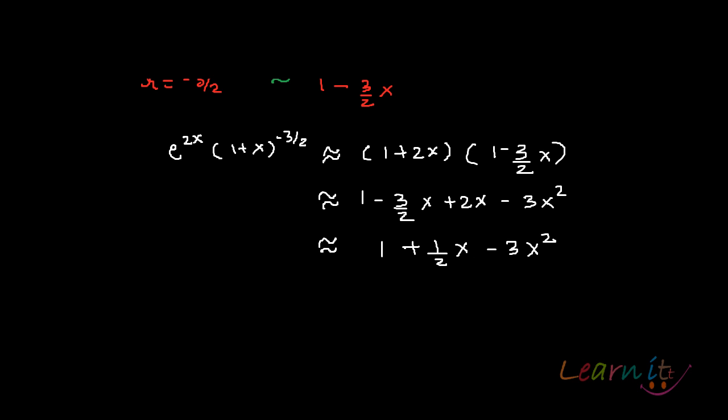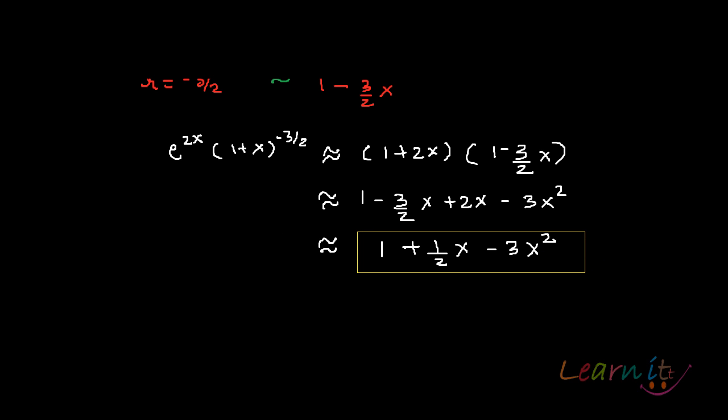Now what is happening here? Something that you must note. What is happening here is that I don't have a linear figure out here. I have a quadratic. I have a polynomial which is actually a quadratic approximation and not just linear.